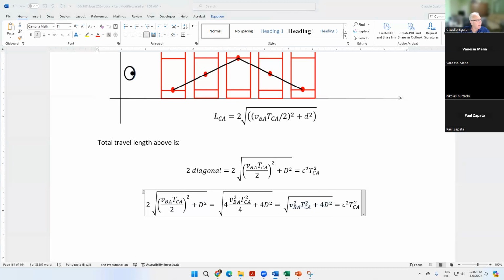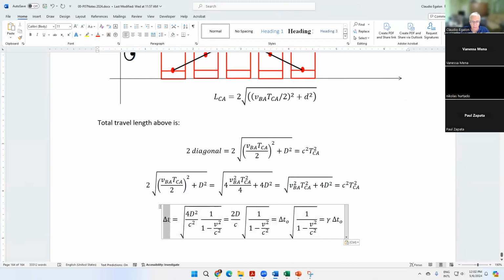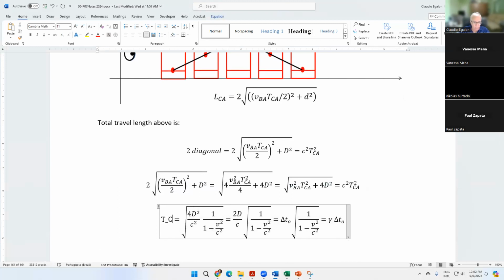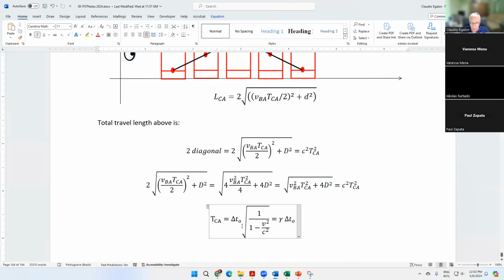What we end up finding is that the period as measured by an observer in referential A is going to be different from the period measured by an observer in referential B, and it's going to be according to this factor, the gamma factor.